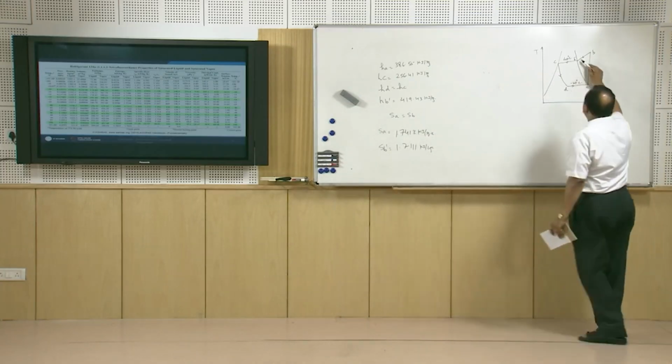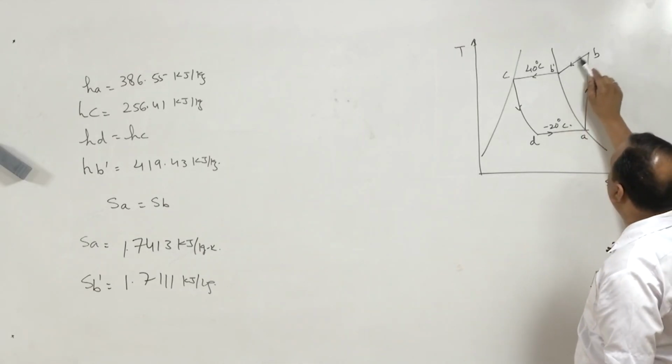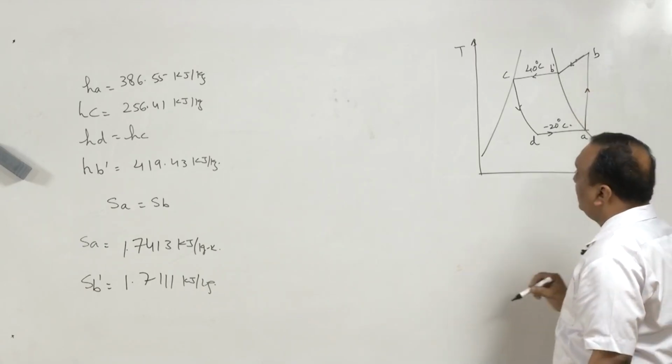Now, what is the change in entropy from this point to this point? This is a sort of sensible heating process.